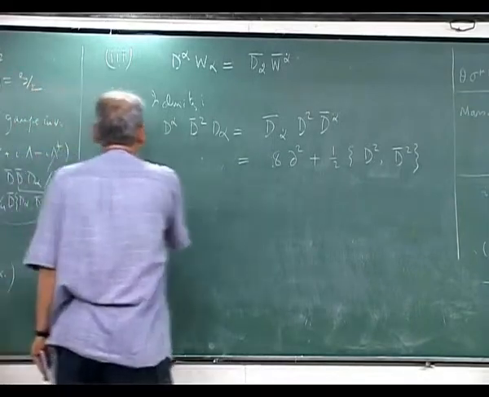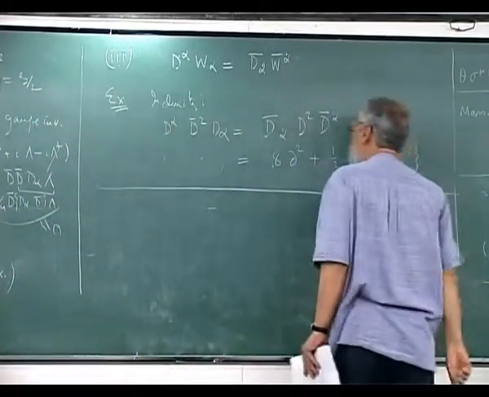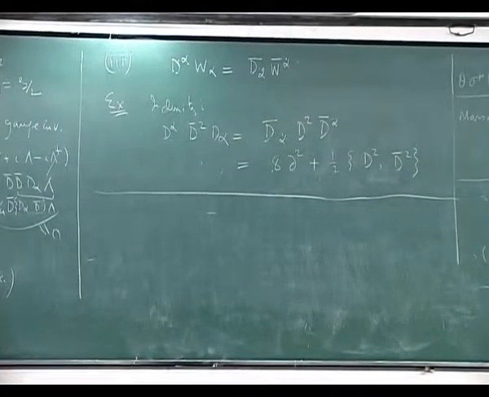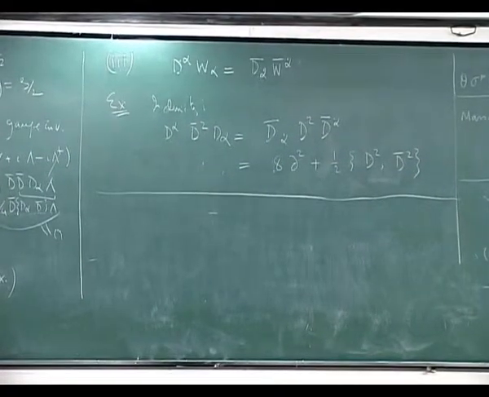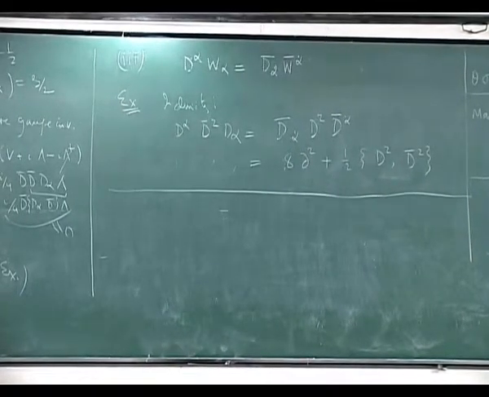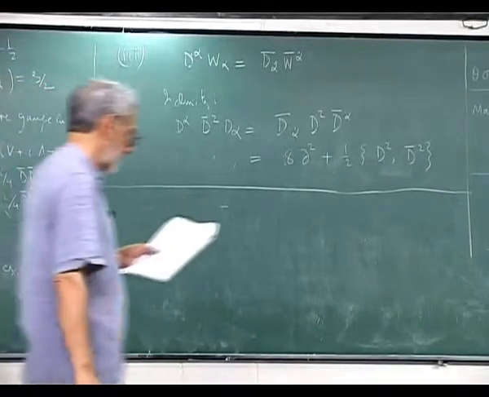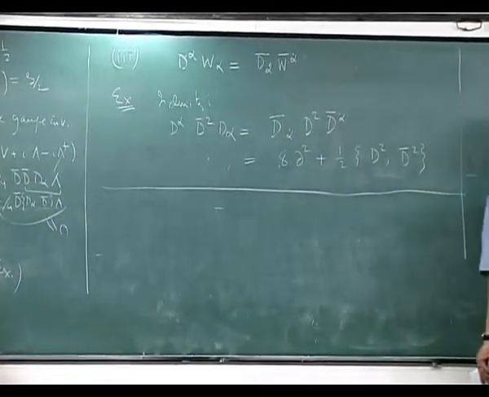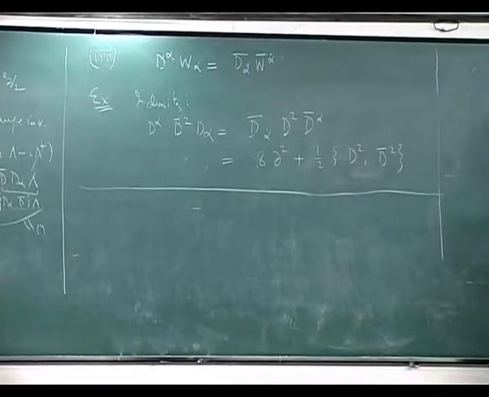So now we'll use these properties of W to construct gauge invariant, supersymmetric invariant actions. But before we do that, let me write down the vector superfield expansion once again.